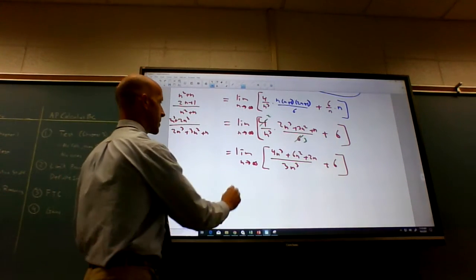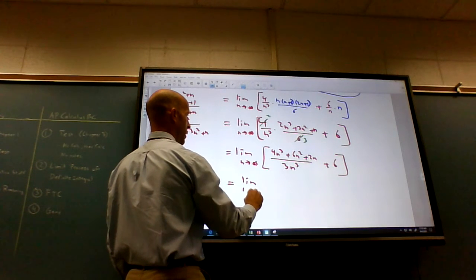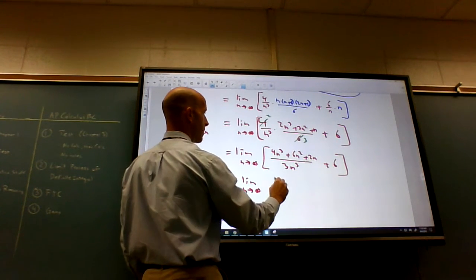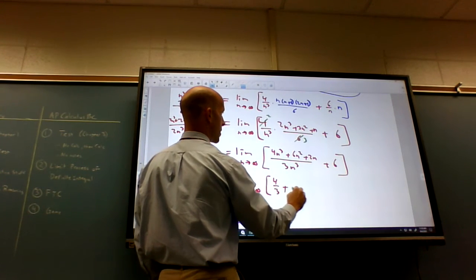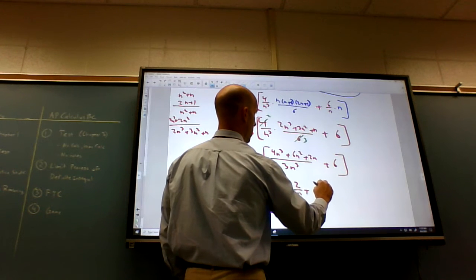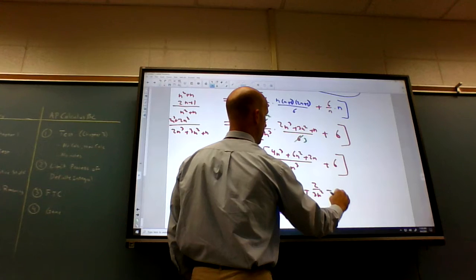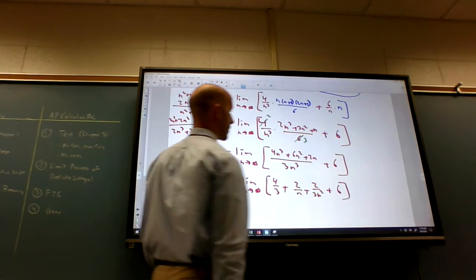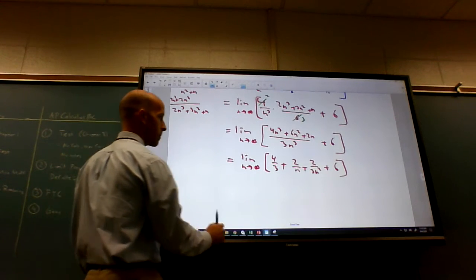And now we can go ahead and simplify that, just do some division. So this is going to be the limit as n goes to infinity of 4/3 plus 2 over n plus 2 over 3n squared plus 6. All right, we're getting there.